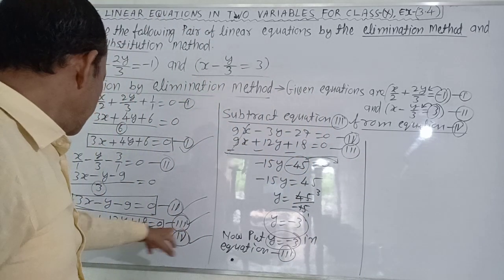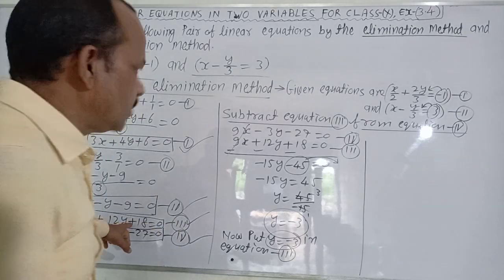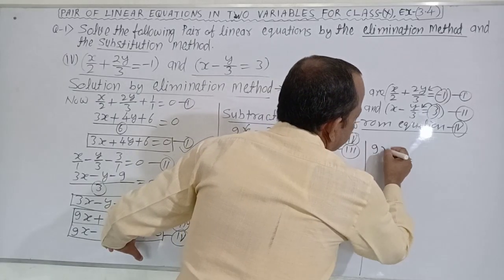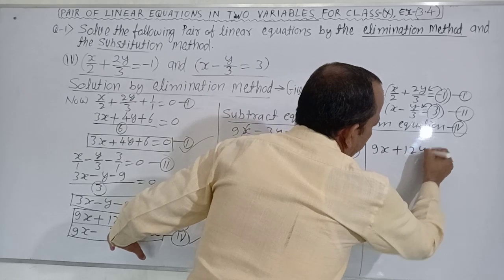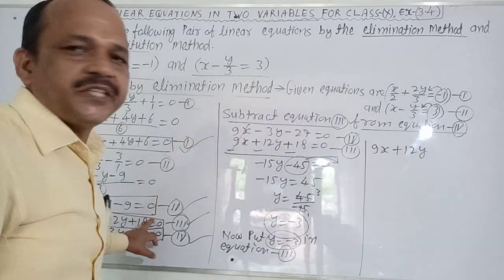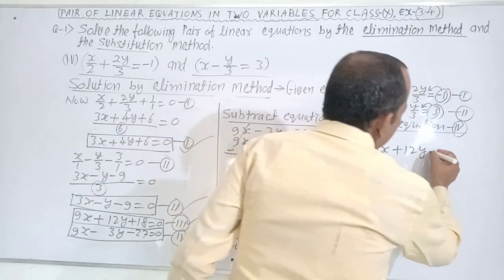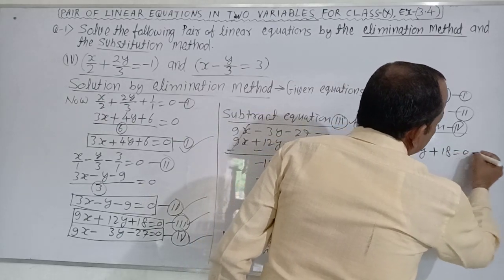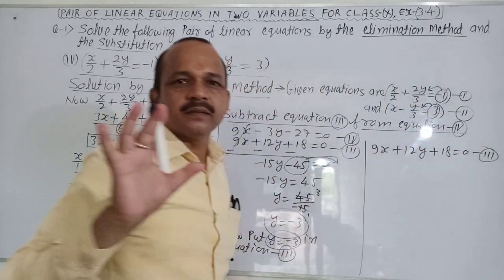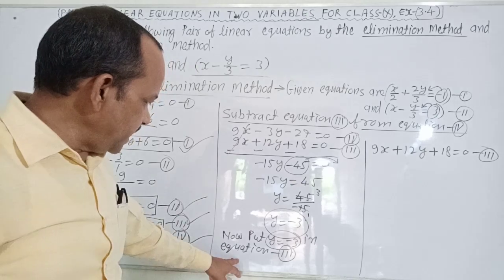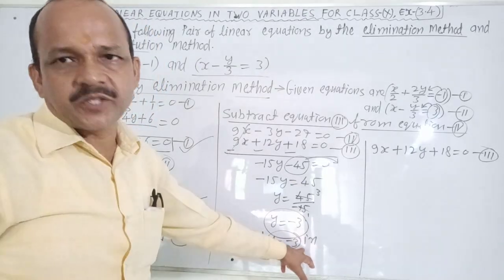Here equation 3 is 9x plus 12y plus 18 equal to 0. Equation 3rd. Clear? Put y equal to minus 3.